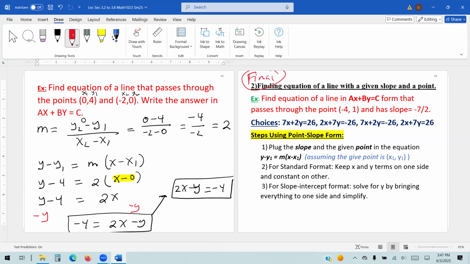So they are giving us one point and the slope, so we don't have to find the slope now. We are going to do the exact same thing, but skip this step and start from this step. Substitute everything and do whatever we just did for the last two questions.